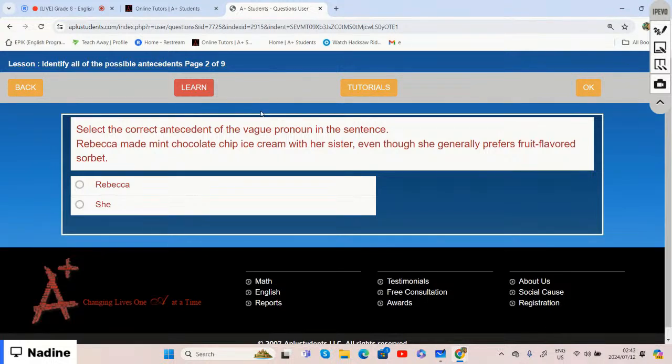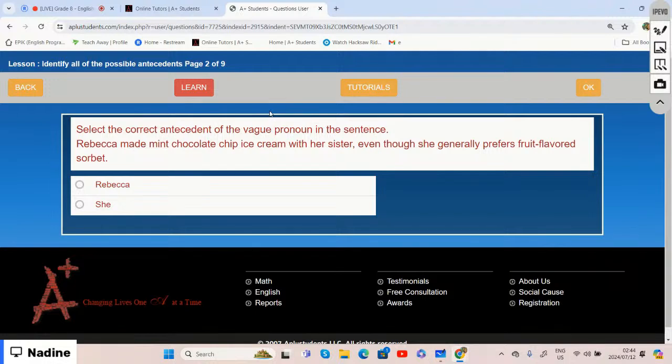All right, the next one says Rebecca made mint chocolate chip ice cream with her sister, even though she generally prefers fruit flavored sorbet. We need to select the correct antecedent of the vague pronoun within the sentence.